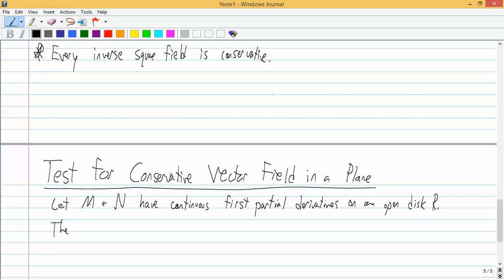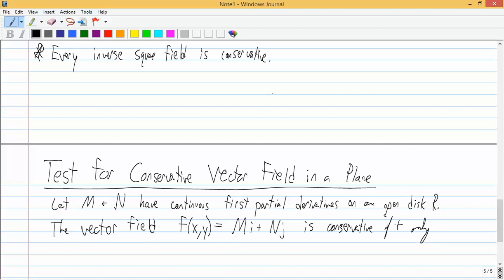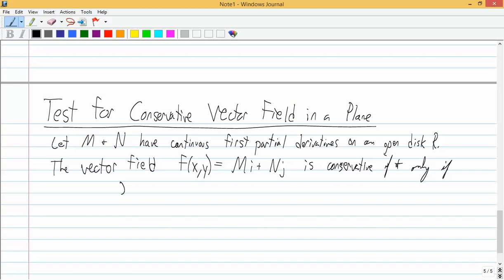The vector field capital F of x, y equals M i plus N j is conservative. So here's the actual test: if and only if the partial derivative of N with respect to x is equal to the partial derivative of M with respect to y.